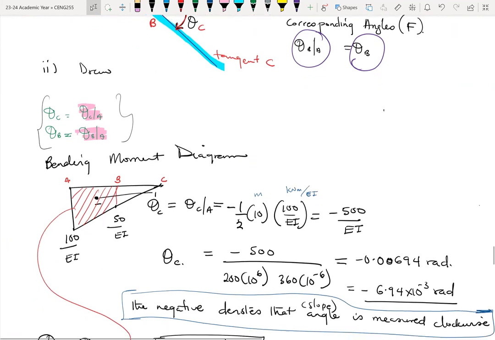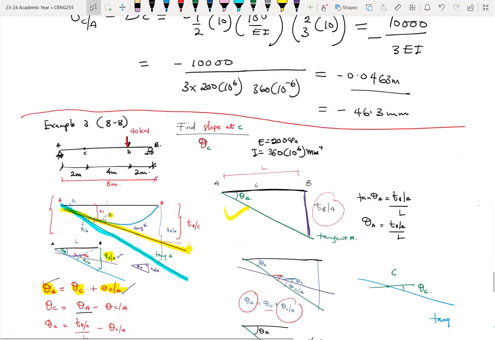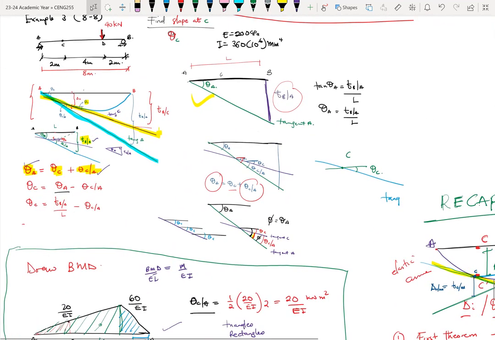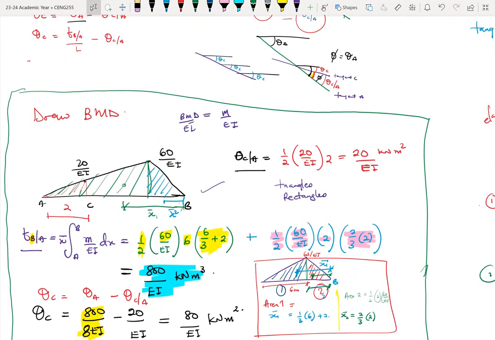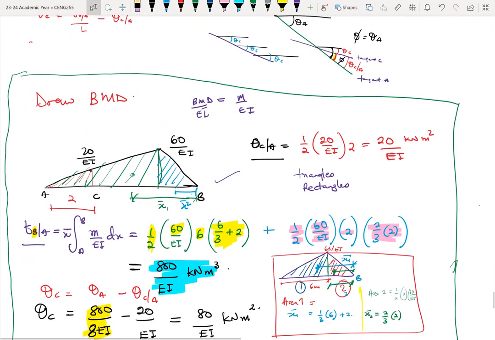All right. So the area between C and A is this shaded region. All right, so this is the area between C and A. We have base times height.